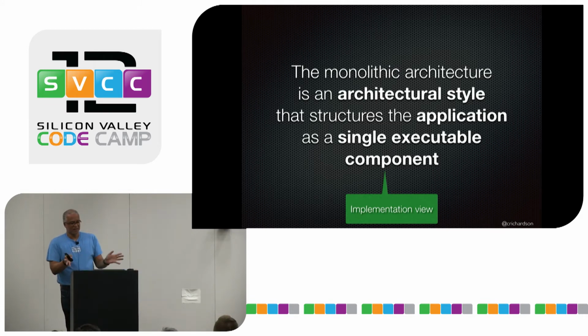So it's kind of like a distributed monolith. But that's in a sense the worst of both worlds. So that's the idea, this single tightly coupled thing that has to be deployed as a unit.